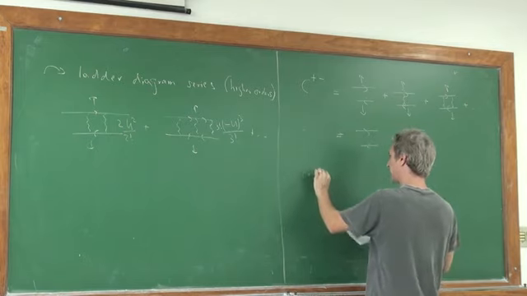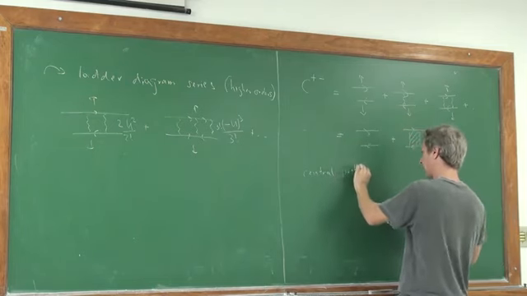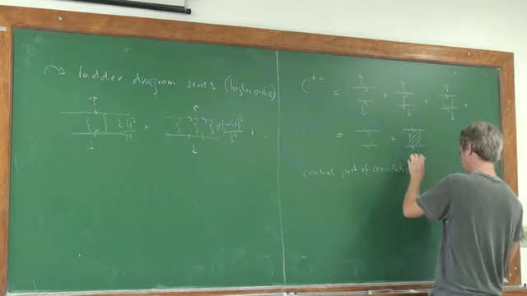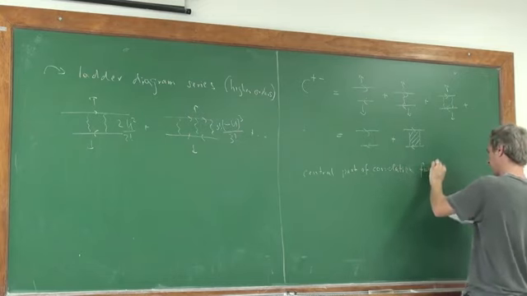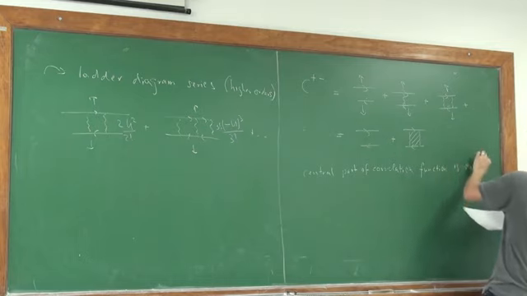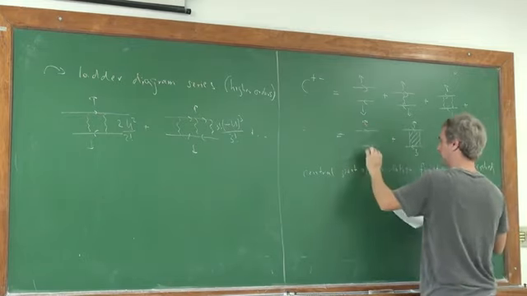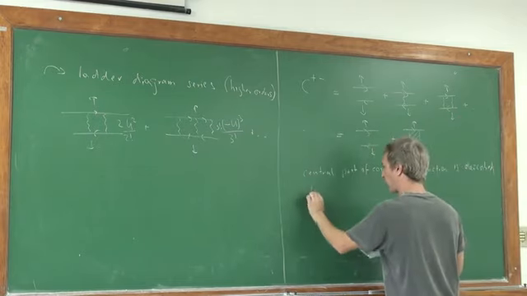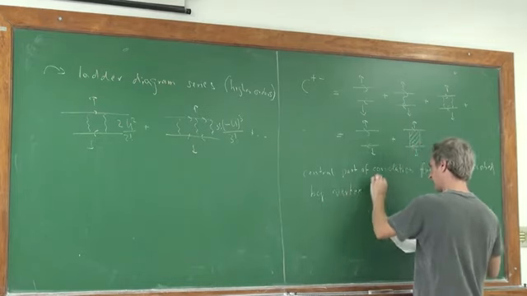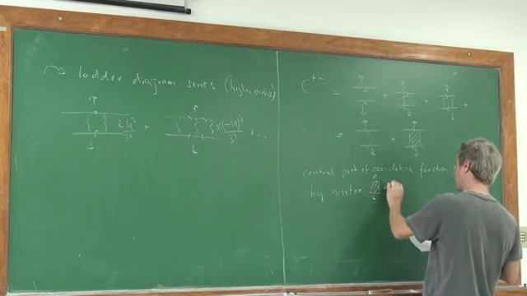So the central part in this representation here, like in the last line, the central part of the correlation function is described by what is called a vertex, which here is just a rectangle, and you can give it a name, let's call it gamma.